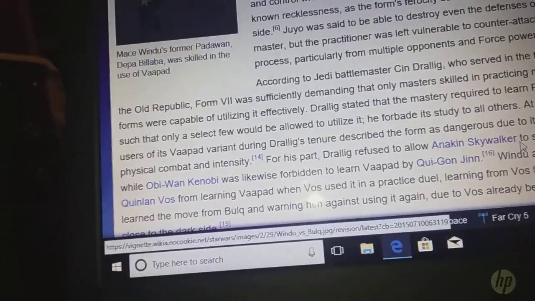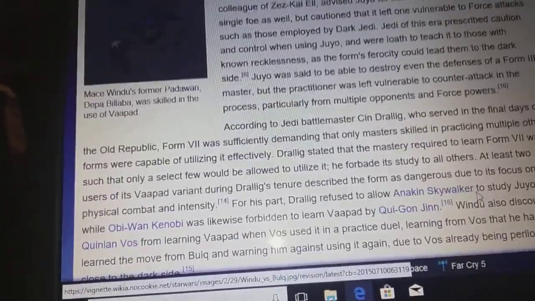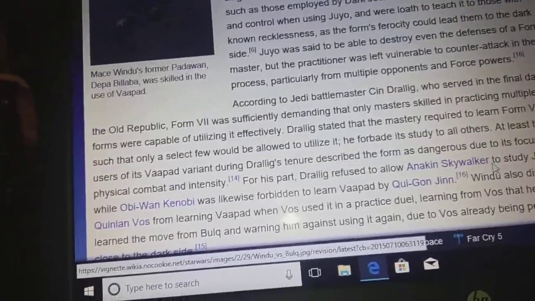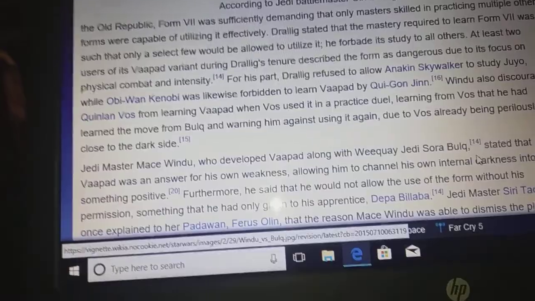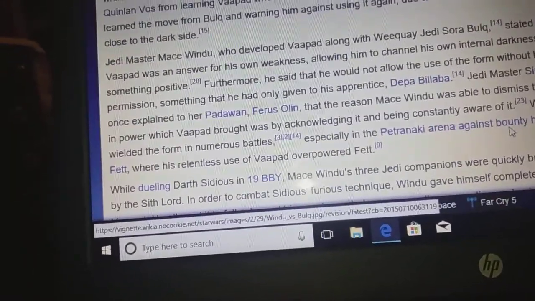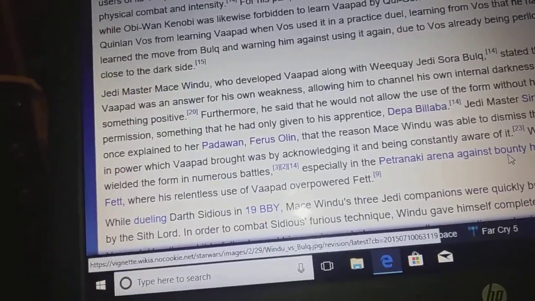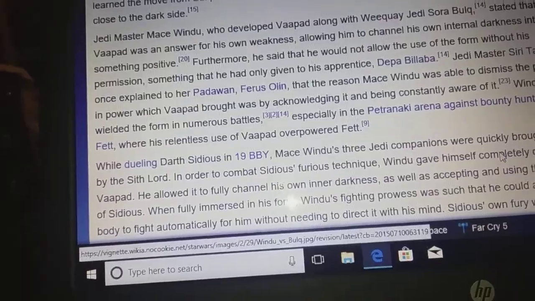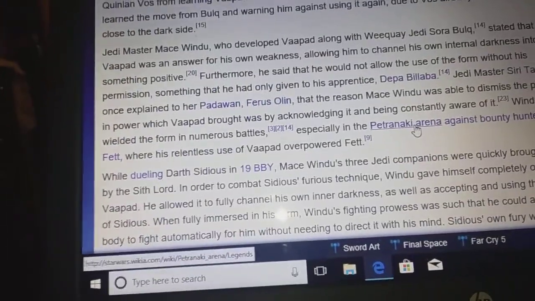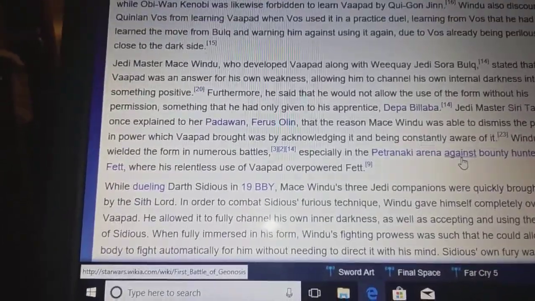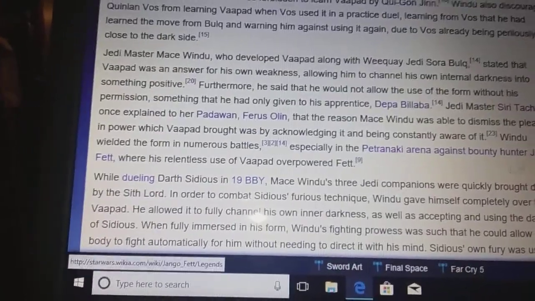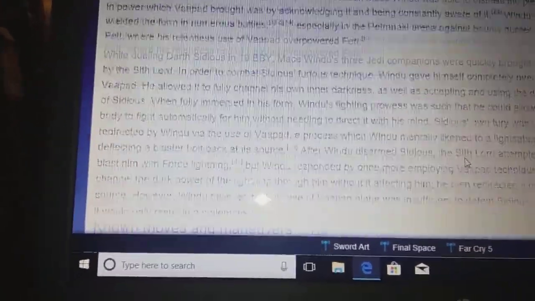Yeah, this is a very, very controversial form. Oh yeah, also Anakin Skywalker is forbidden to learn it, which was probably a good idea. Oh, there's actually a name for that place. Oh yeah, this is also what he did against Jango Fett when his head went flying.